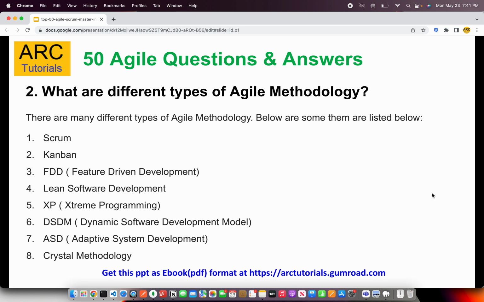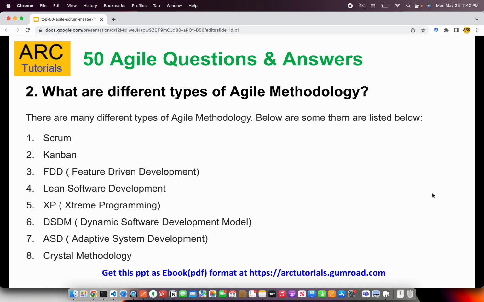Now, what are the different types of Agile methodologies? Remember, friends, a lot of people get confused when they ask about the different types of Agile. There are different types of Agile methodologies that can be followed in enterprises, some of which are Scrum, Kanban, FDD, which is feature driven development, lean software development, extreme programming, Crystal methodology, and adaptive system development.